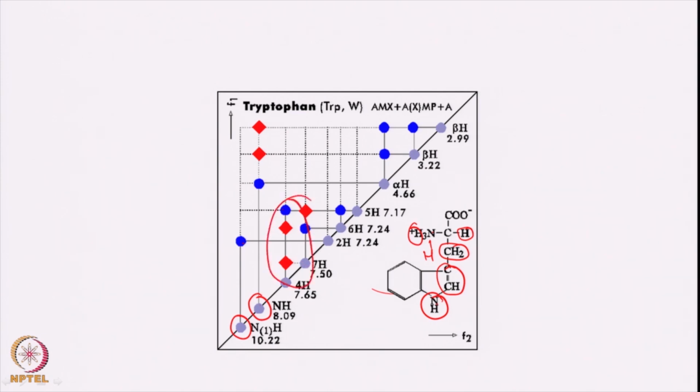Then again here you have for the 5 member ring, and that you can assign. From H alpha you get again correlation to H2, H beta, and then from H beta you get the other H beta. So, this pattern if you look at, by doing this we know that this is tryptophan.